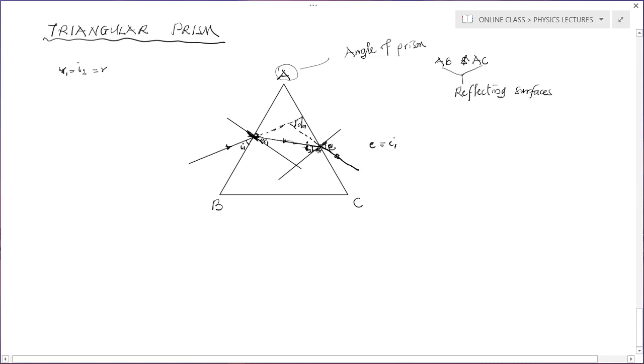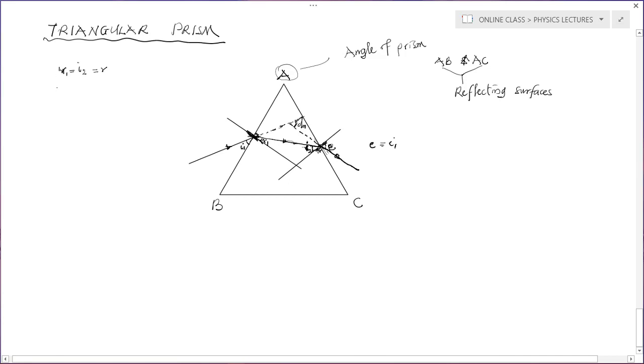So here is the direction of the initial incident ray. Here is now the final emergence ray. So this is the final part of the ray. That means it's deviated from the normal one to this place. So that is the angle we are looking at.